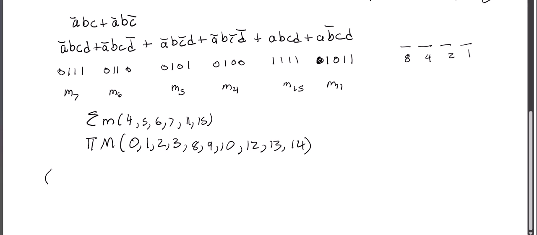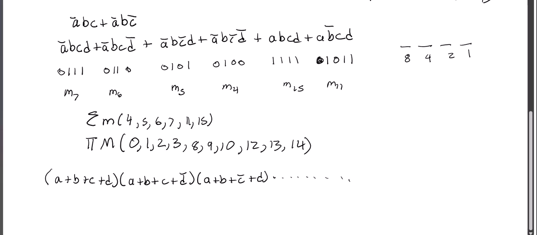That would be A plus B plus C plus D times A plus B plus C plus D bar times A plus B plus C bar plus D times a whole lot of other things.